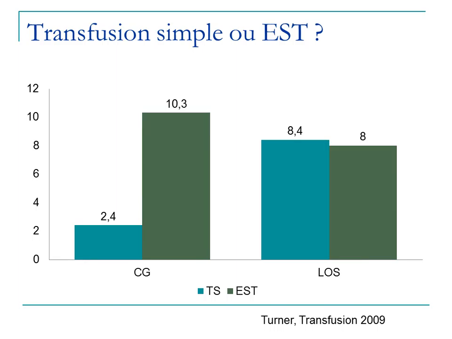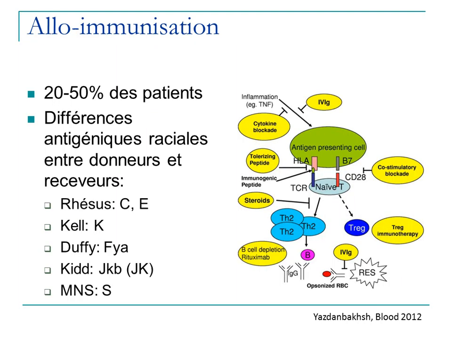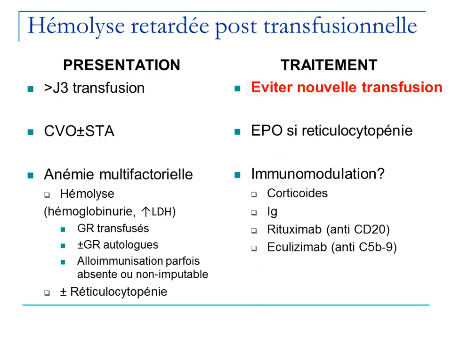So alloimmunization, you should be very careful. It can concern up to 50% of patients in some series, basically connected to the fact that these patients have racial antigen differences. Donors usually are European patients, and this can result in delayed hemolysis in the post-transfusion phase.